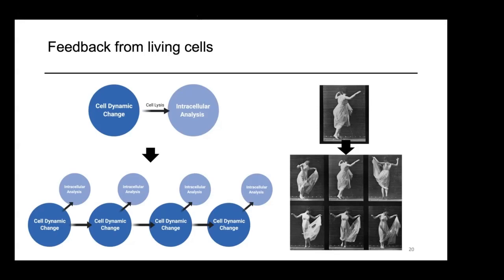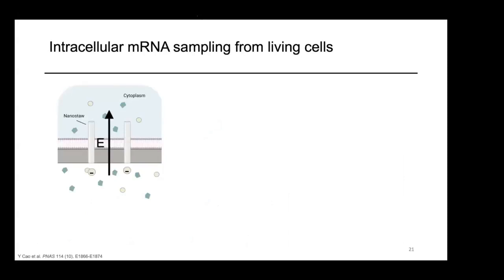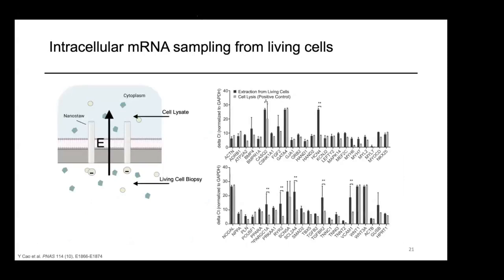We want to verify that the living cell extraction really represents the gene expression in cells. We compare the living cell extraction with the same cell lysate. In this experiment, we randomly select 48 genes and use qPCR to quantitatively analyze the gene expression level of each gene. Here we plot the 48 genes' expression level of the living cell extraction and the cell lysate.